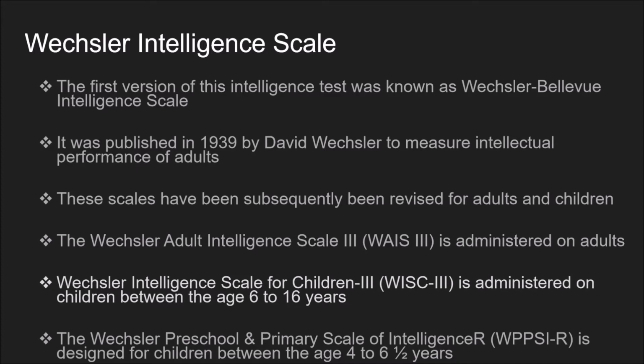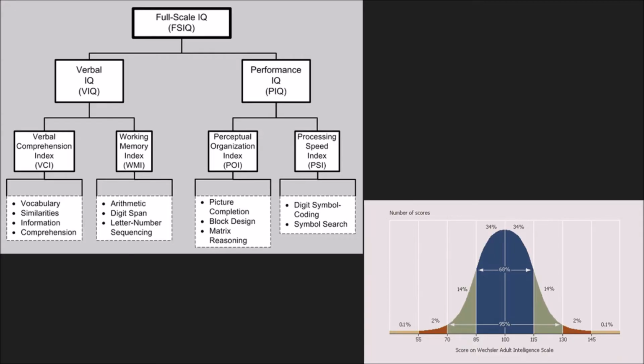Wechsler Intelligence Scale for Children 3, WISC-3, is administered on children between the age of 3 to 16 years. The Wechsler Preschool and Primary Scale of Intelligence-R, WPPSI-R, is designed for children between the age of 4 to 6.5 years.